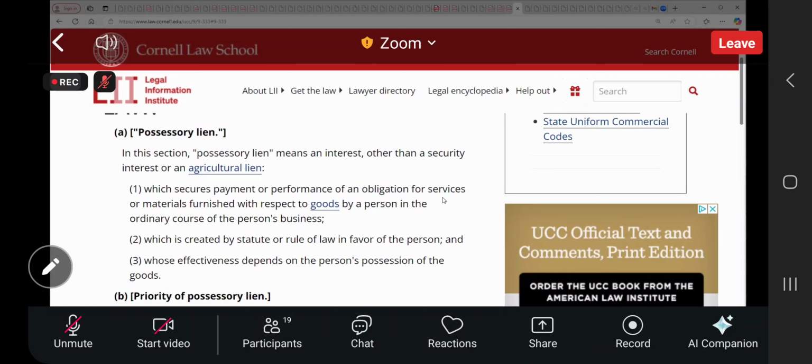2, which is created by statute or rule of law in favor of a person. And 3, whose effectiveness depends on the person's possession of the goods. If you have the authenticated document, you are the superior title holder.